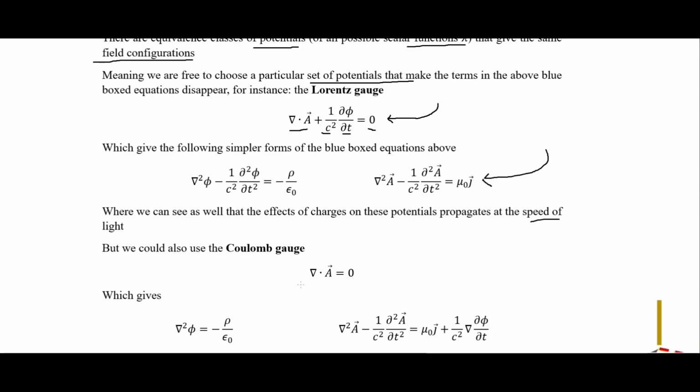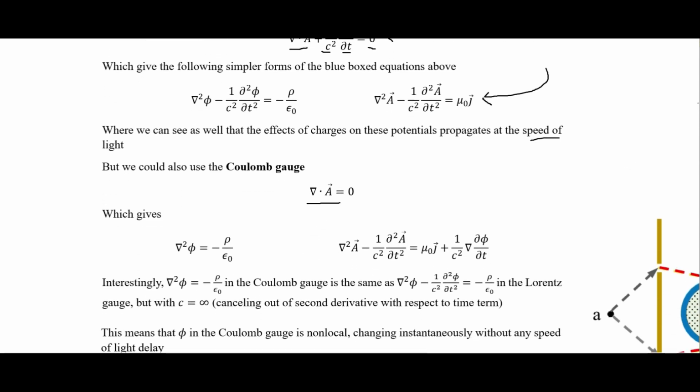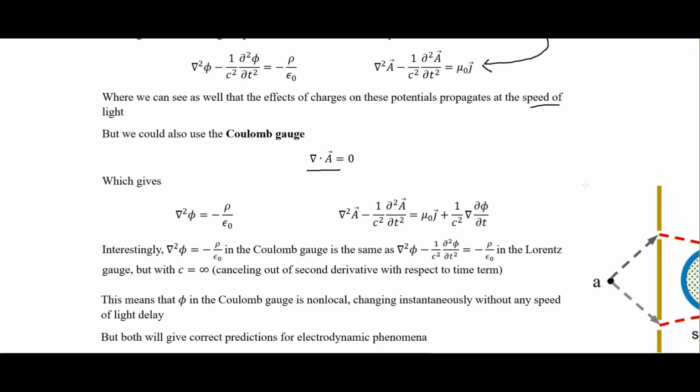However, if we do the Coulomb gauge, which says that the divergence of the vector potential has to be equal to 0, then those blue box equations from above will be these two equations right here. What's interesting is that this one is exactly the same as this one, except it's missing this middle term, because c squared is essentially being set at infinity.